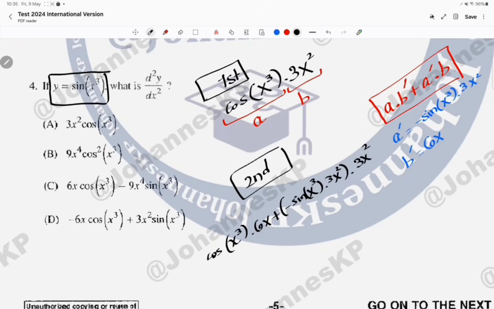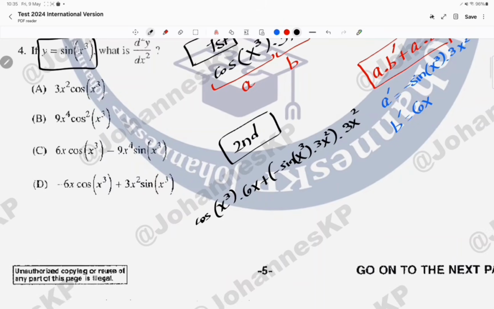Okay. Now let's just take care of this plus with minus, so the whole thing becomes minus, right? And 3x squared times 3x squared is 9x to the power of 4. Do you see your answer somewhere? Yes. Very good.